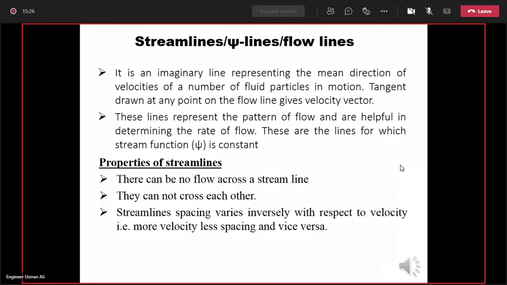In case of diverging flow, when the diameter of the pipe, channel size or width is increasing, velocity will decrease, and the flow lines will have more spacing. So these are some of the properties of the flow lines.